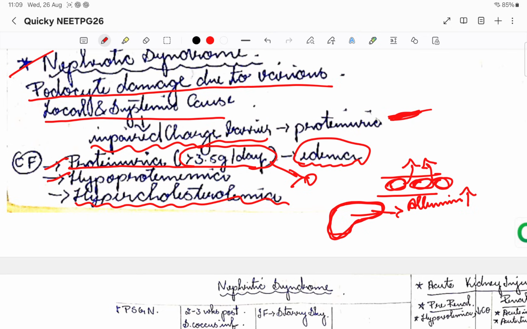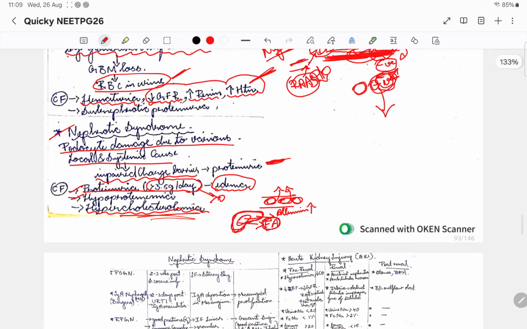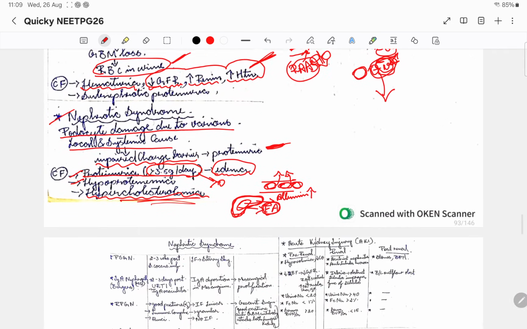Along with increasing the albumin production, there is also an increase in fatty acid synthesis happening in the liver, okay. So it is increasing all the functions of the liver. Along with the albumin increase, it will also increase the fatty acids, which will lead to hypercholesterolemia. So this is the basic pathogenesis behind nephritic syndrome and nephrotic syndrome.